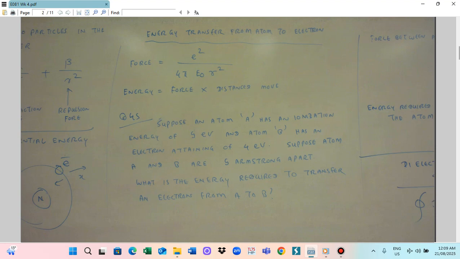That is the energy transfer from the atom to the electron. The force is e squared divided by 4 pi epsilon-naught R squared, and with this equation we can calculate the energy absorbed by the electron from the atom.